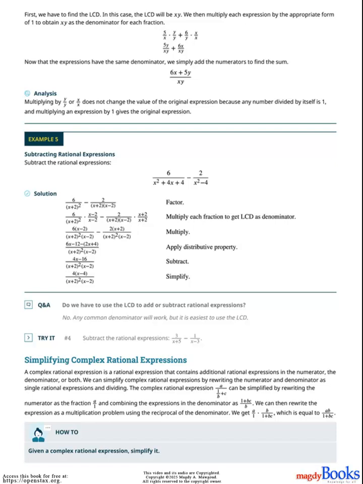Analysis. Multiplying by y/y or x/x does not change the value of the original expression because any number divided by itself is 1, and multiplying an expression by 1 gives the original expression.